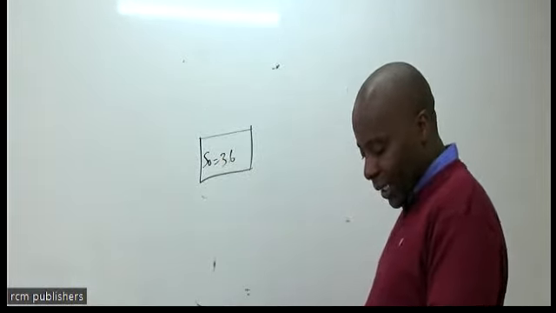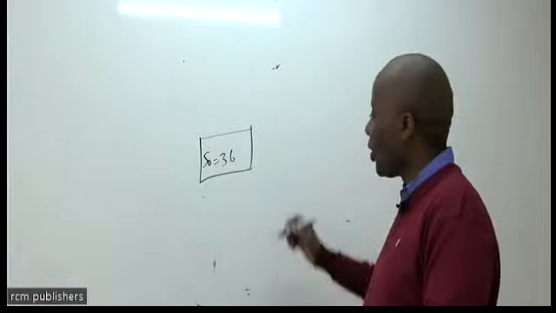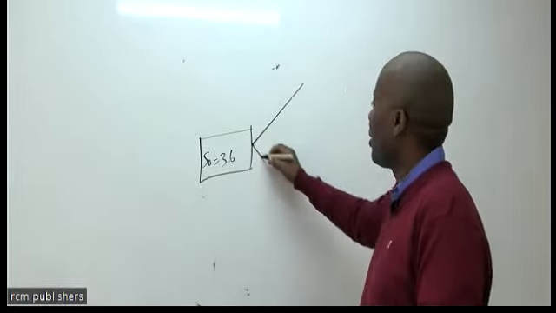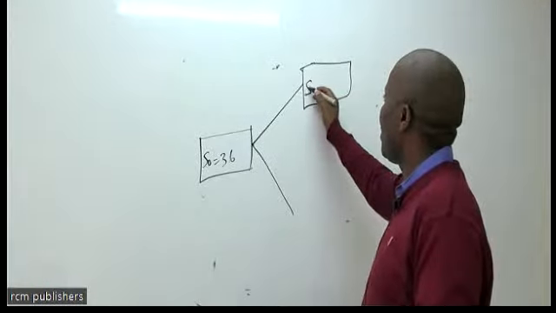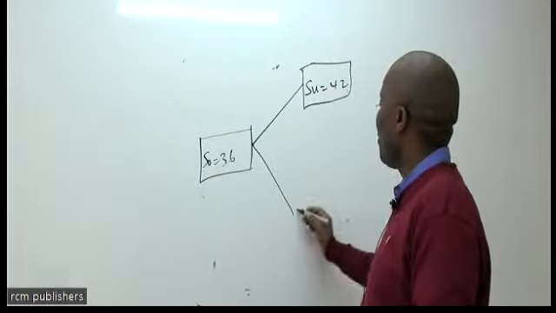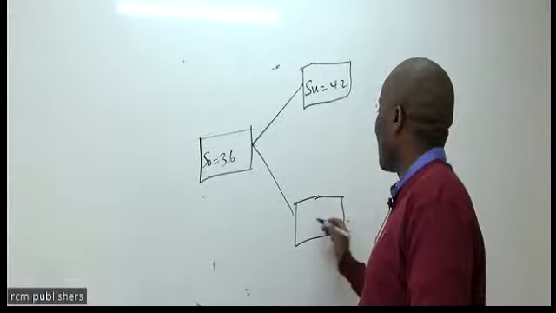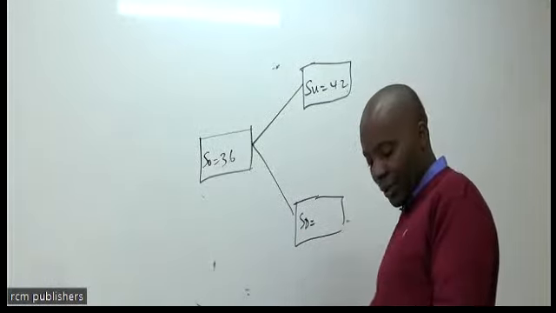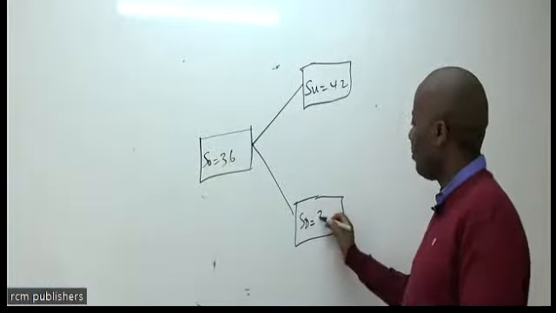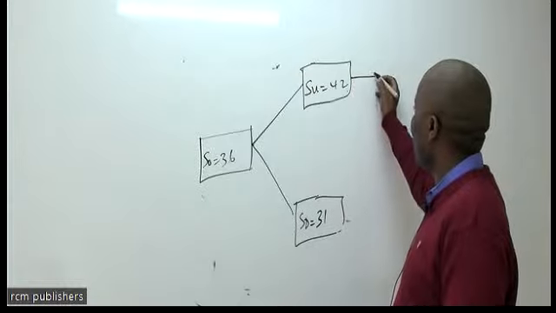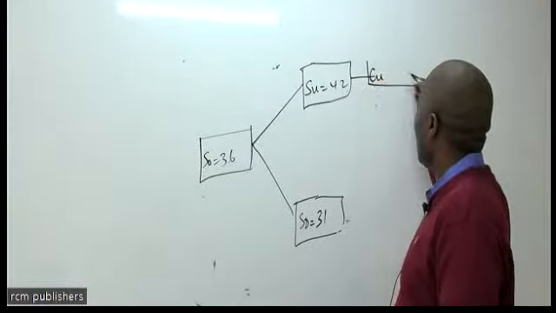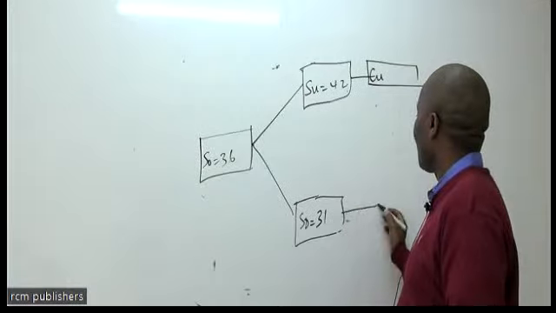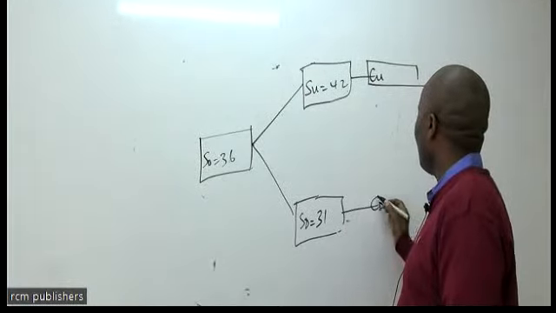In the next 6 months, the stock price will either increase to 42. So if it is upward motion, it will be 42. S down will be 31. So give me the Cu and the C down.